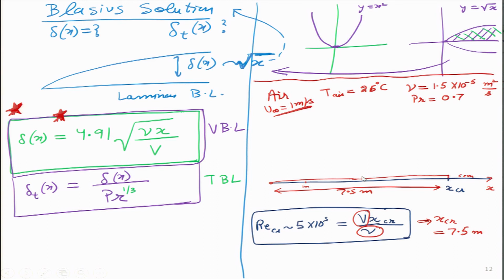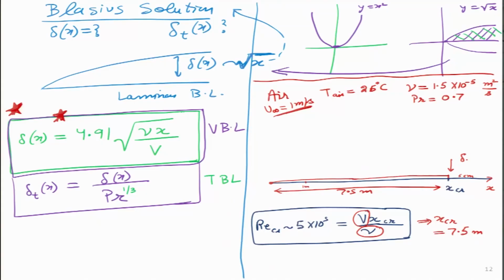So in real life, when you look at the boundary layer, it is extremely thin for long distances. Of course, if we are looking at it in detail, then we can zoom in over there. But even then, the boundary layer is extremely thin. So I'll put the number over here. Here delta x is about 5 centimeters. So you can see after traveling a distance of 7.5 meters, the thickness is 5 centimeters.